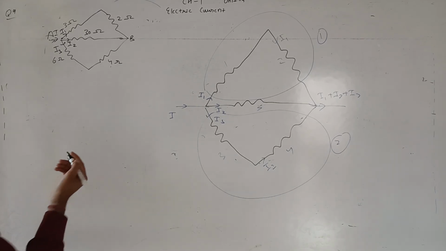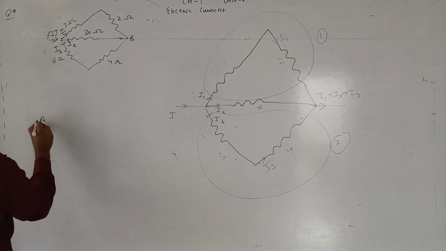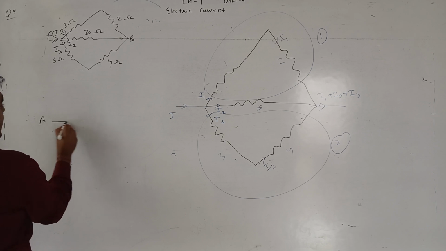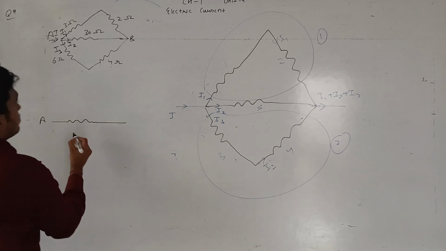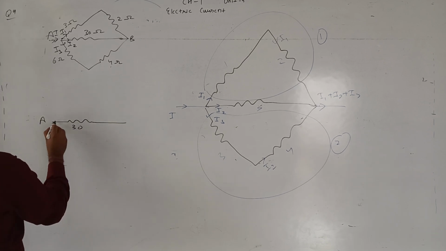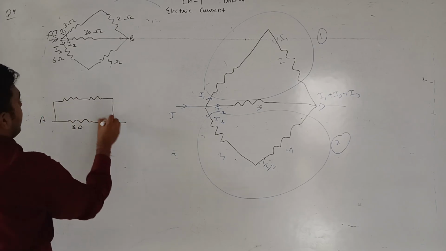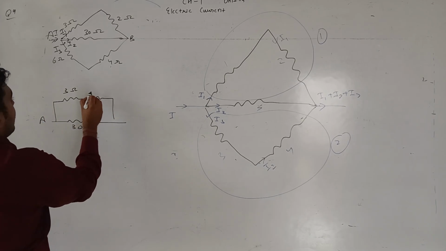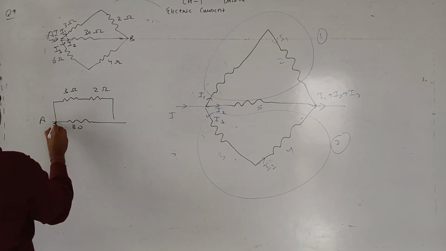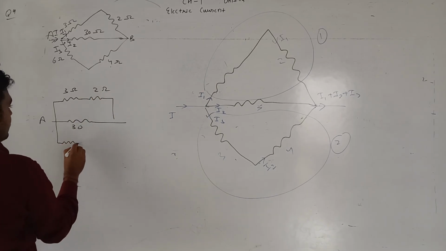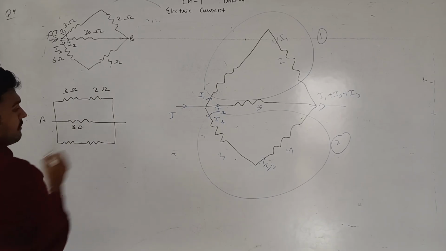So this same circuit can be drawn as, this is point A. We can draw it like this also: 30 ohm resistance, then 2 resistances, 3 ohm and 2 ohm, parallel to each other, and again there are 2 more resistances parallel to each other.